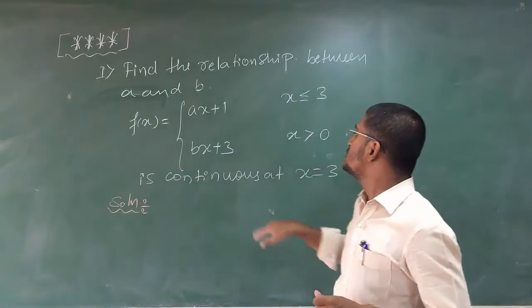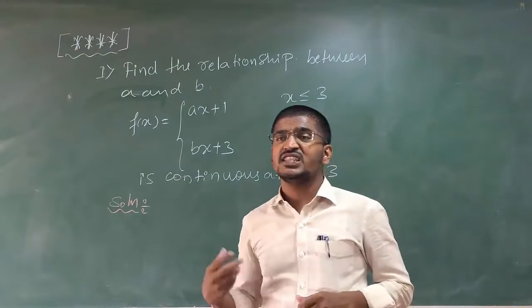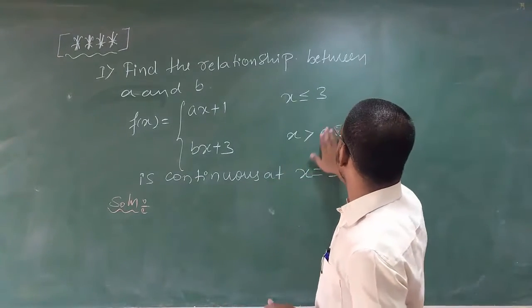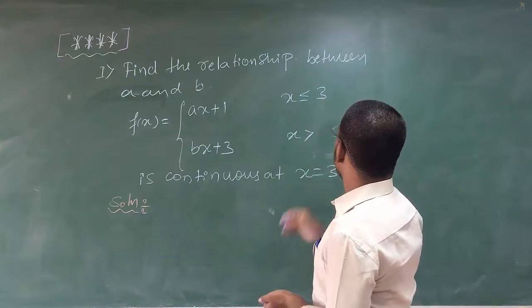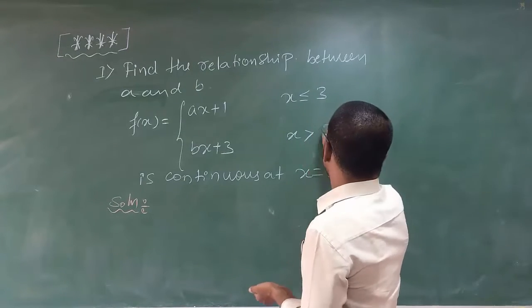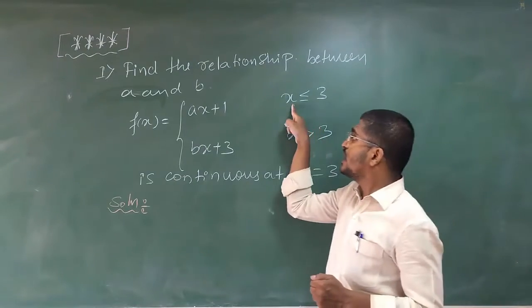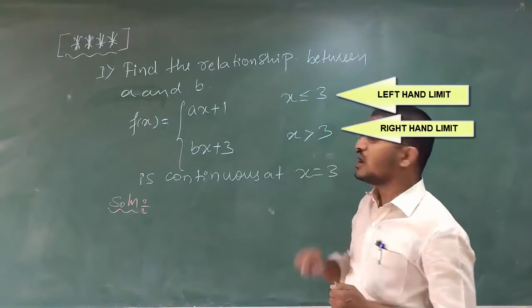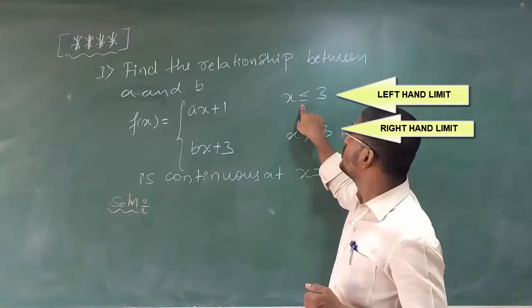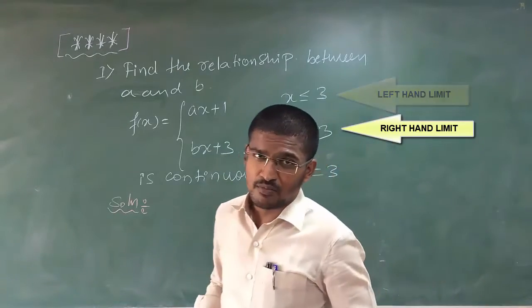Next, bx plus 3, that is x is greater than 3. Clear? So this is our LHL, this is our RHL, and again this term is our f of a term.